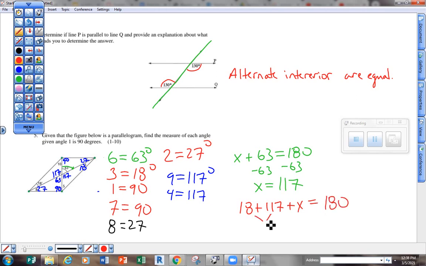So got to add those up, take that away from 180. That gives me that final angle, which is 45. So angle 10 and angle 5, 45 degrees.